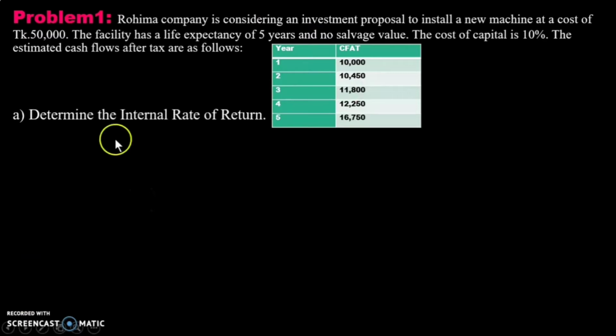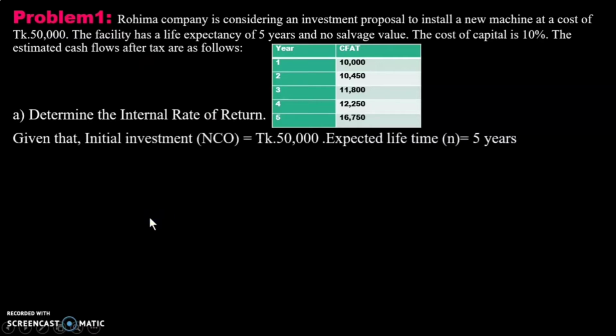Now we determine the internal rate of return from this problem. Given in the question, initial investment or NCO taka 50,000, expected life or N equal 5 years, cost of capital K equal 10%, we write 10% equals 0.10.